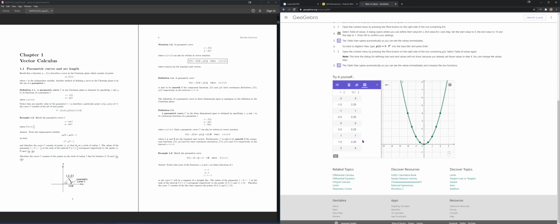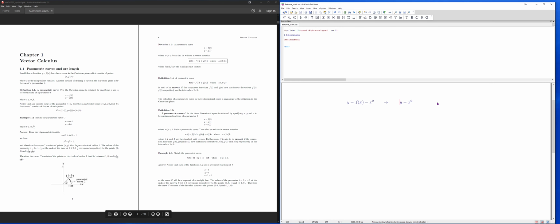What you would do is plot points. You have that y is equal to x squared, so f of x is equal to x squared.